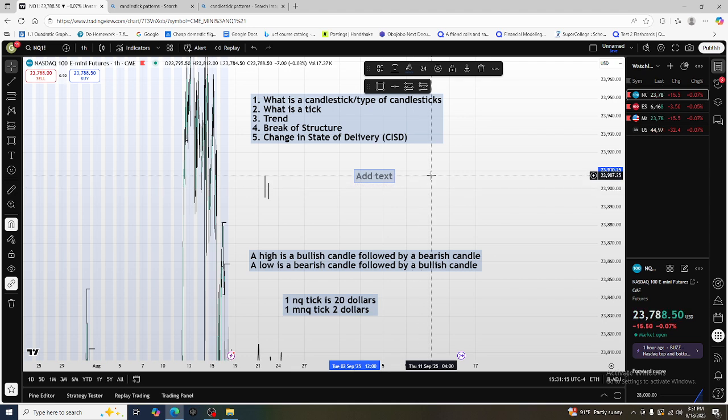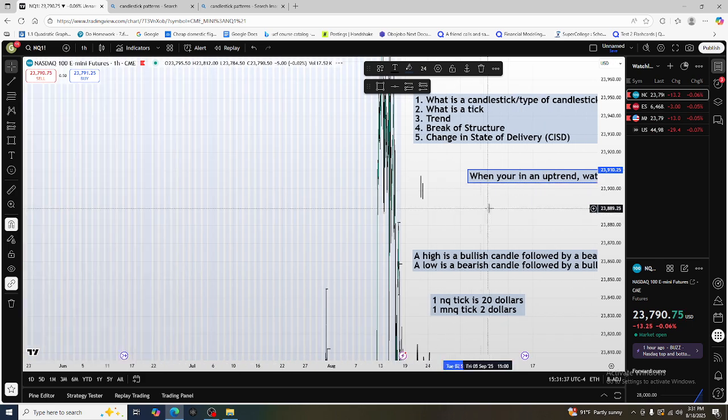So when you're in an uptrend, watch the most recent low and wait to see if it closes below.